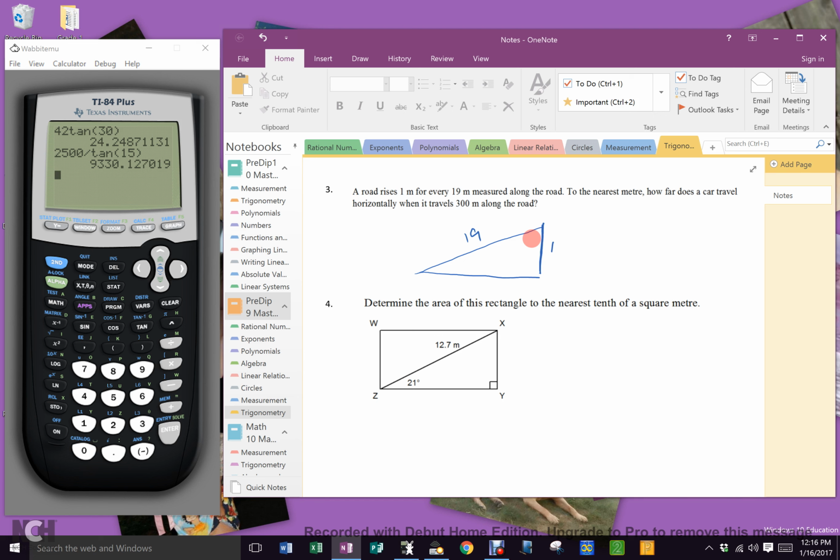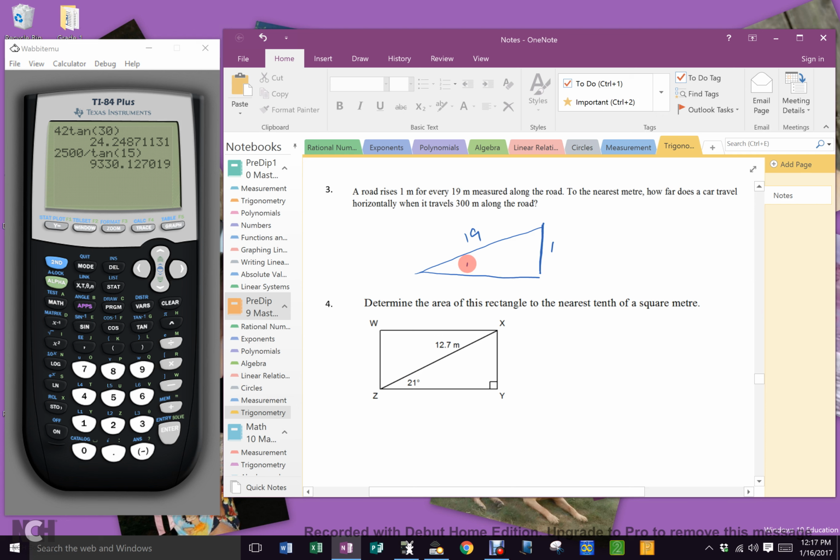To the nearest meter, how far does the car travel horizontally when it travels 300 meters along the road? How can I solve this? I could do Pythagoras to find this side, couldn't I?